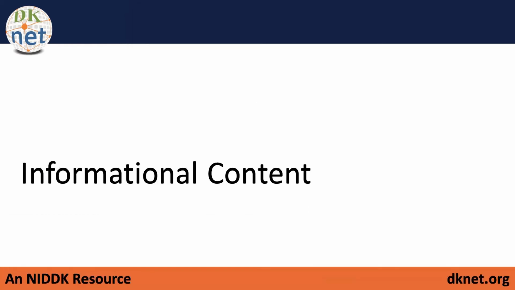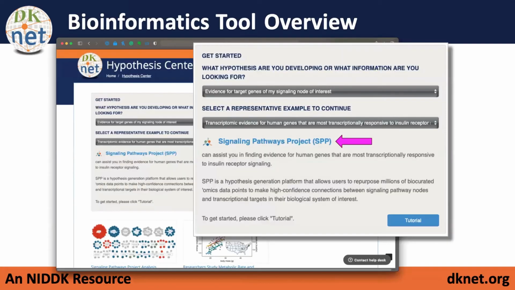Now, in terms of other informational content that we have around the Hypothesis Center, we do have individual pages around all the resources that we provide as part of the Hypothesis Center.